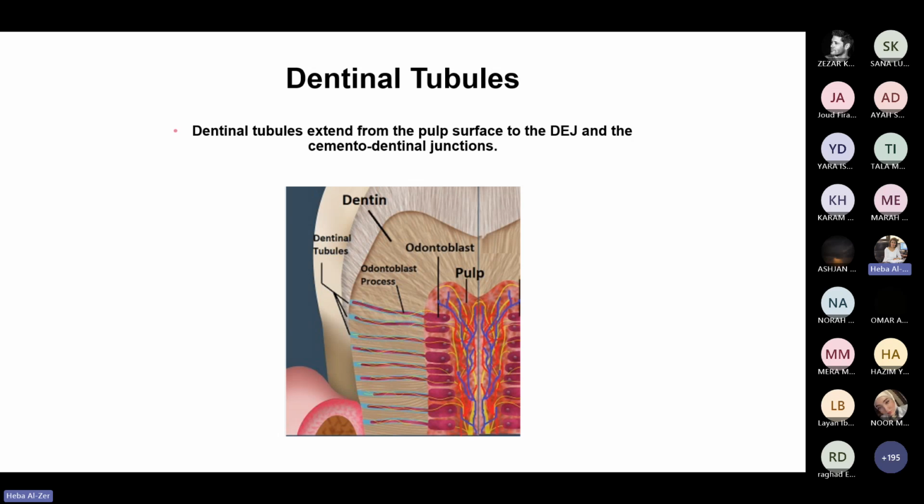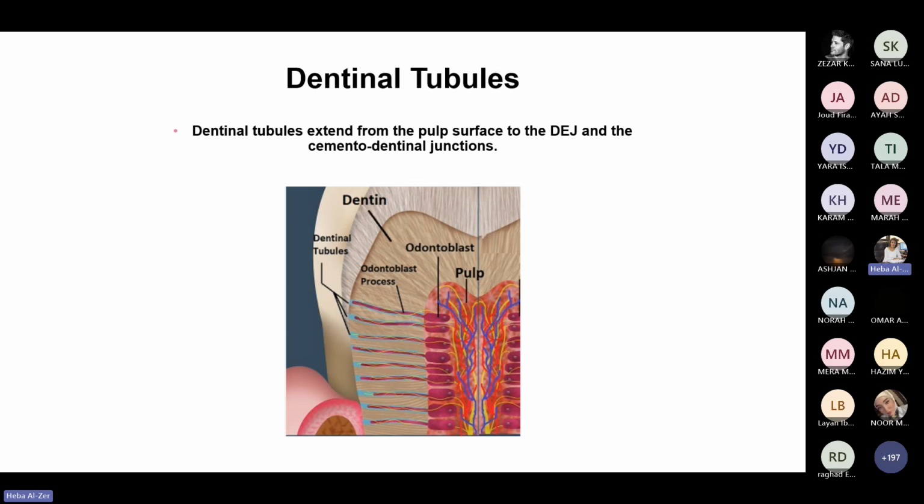The odontoblasts are the cells that secrete dentine, and I have explained that thoroughly in the enamel lecture: the ameloblast and odontoblast sit at a line here, then the ameloblast start to go upwards on the surface, secreting enamel, and the odontoblasts go inside, secreting dentine till the odontoblast sits in the pulp.